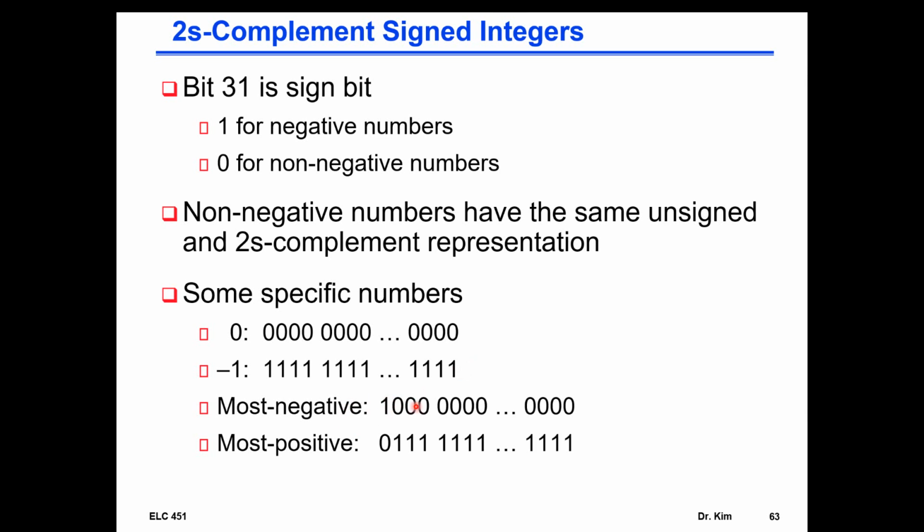And the most negative, again, is where you have the most significant bit 1 and the rest 0. And the most positive is when you have the most significant bit 0 and the rest of the bits 1.